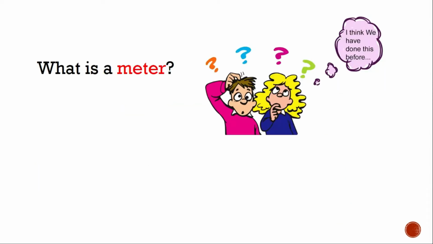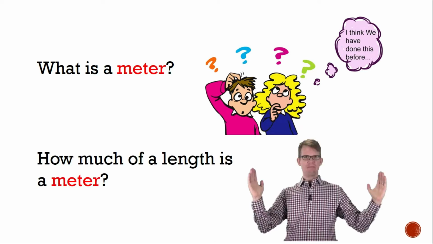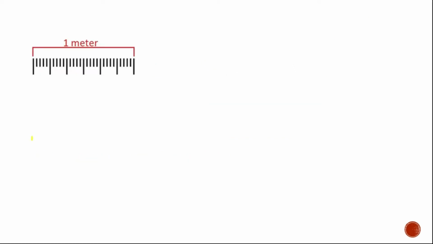Or precisely speaking, how much of a length is a meter? If you remember, while discussing the standard units in the third part of our chapter, I explained how all the different units of length were developed. Basically, people in ancient times took some set amount of length and defined them as the standard units.